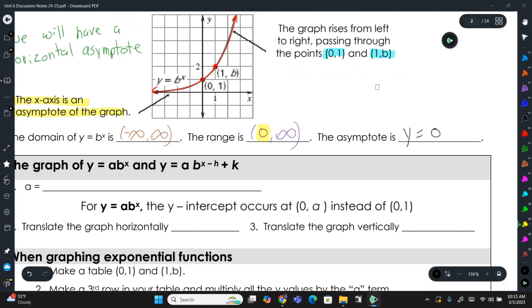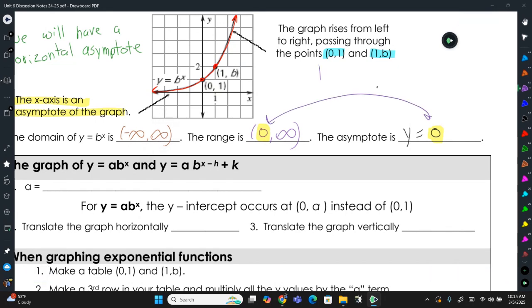Now, the range and the asymptote must align. They must have something in common. These must match. Now, it could be the second value in the range is the same as your asymptote, or it could be the first one.